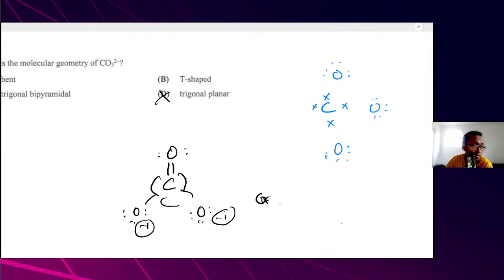So C. O. Okay, so what I'm still thinking, do we have another way? Just this one. Three bonding groups around the central carbon.